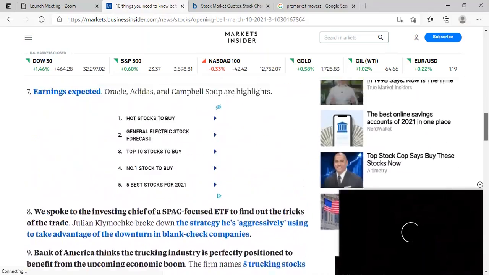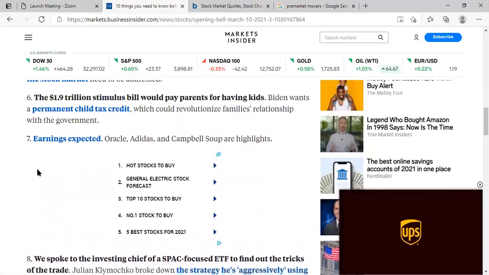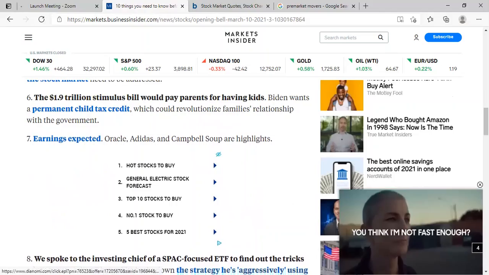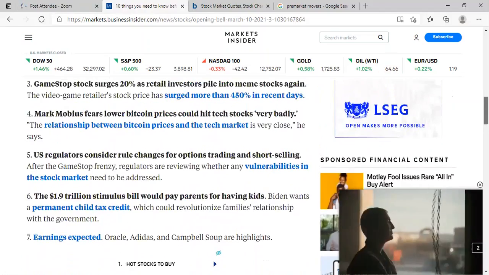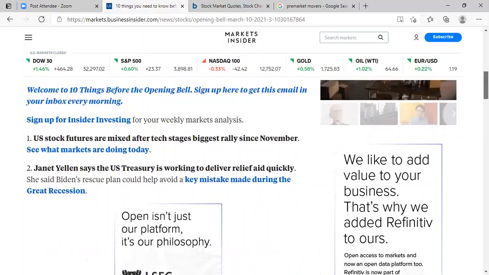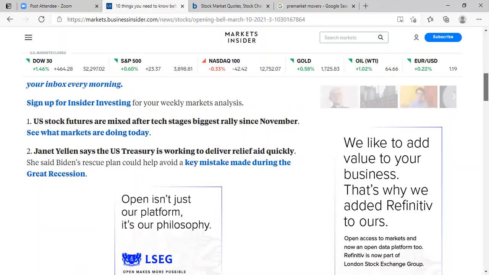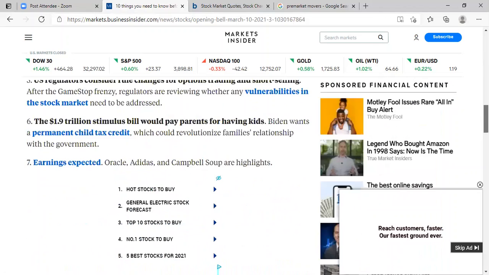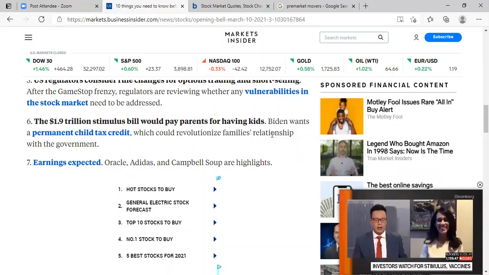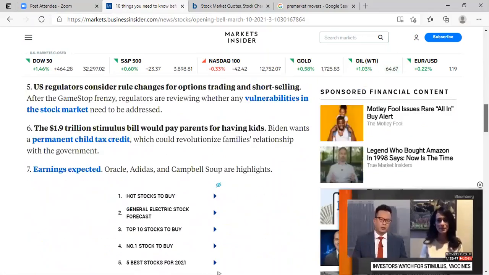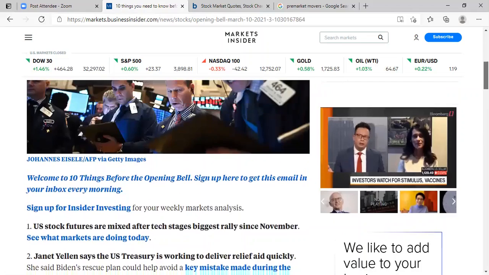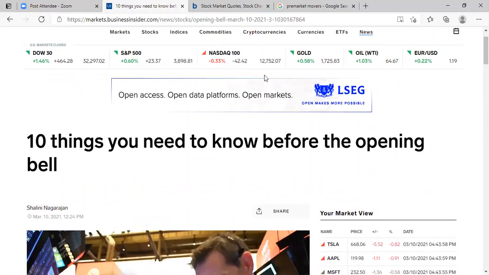So you go down and you take a look at all of these different things over here, and you see what's going on in the market to help you determine which way things are going, see if there are any particular stocks that are being highlighted that maybe you want to pay some attention to. Maybe you want to throw some of these on your watch list. So there's that. All right. So you make that determination that way.